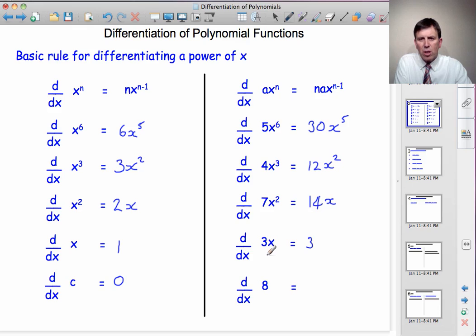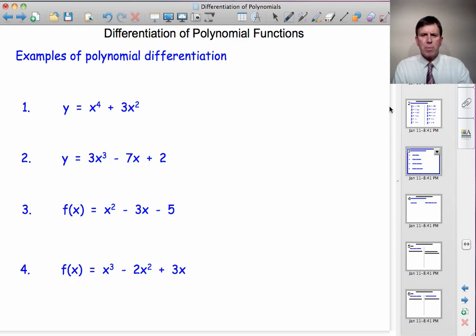So the differential of a number of x's is just a number. If we were differentiating minus 9x, it would be minus 9. And finally, differentiating a constant, as we've already said, think of y equals 8, a horizontal line, the gradient is always 0. When you differentiate a constant, it disappears.